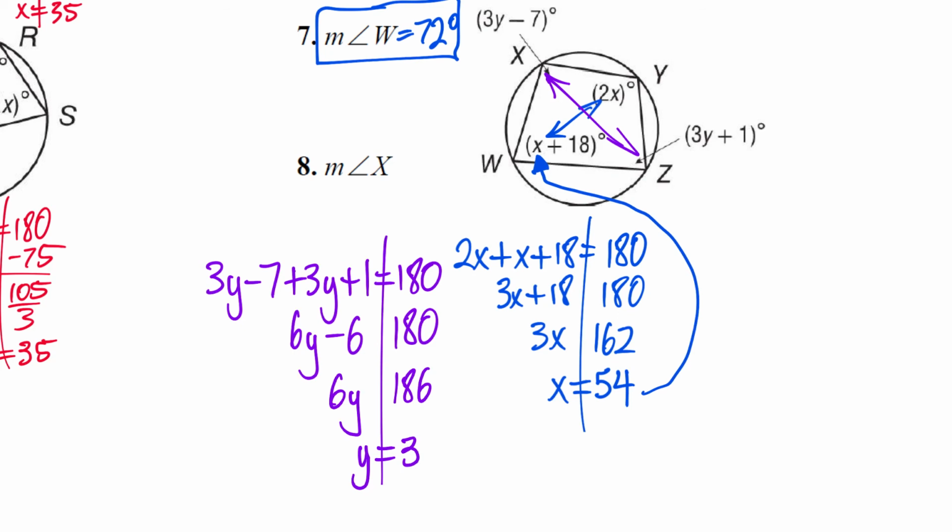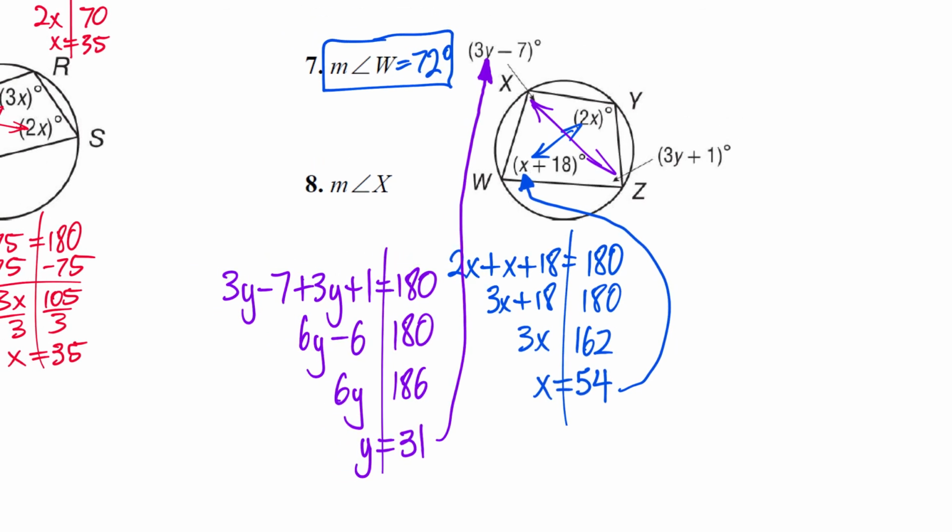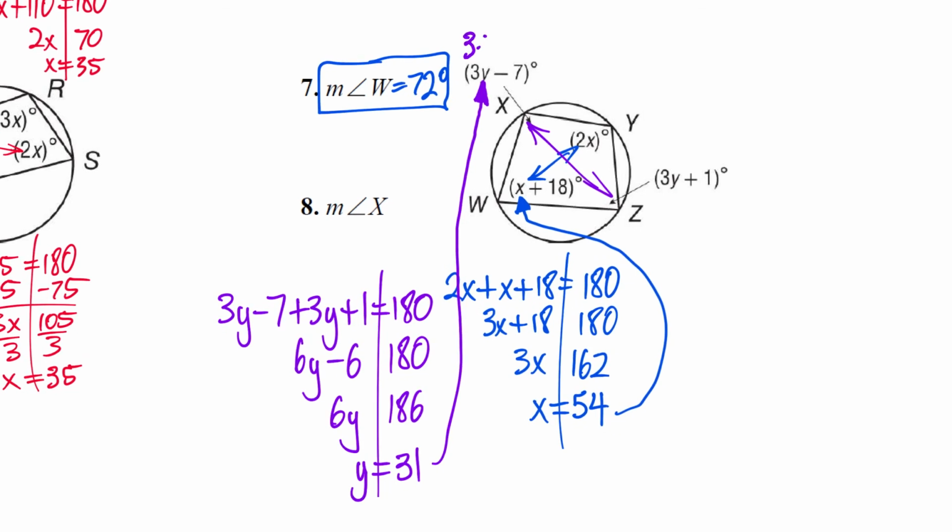Oh, yeah, sorry, 31. All right, so now I'm going to take that 31 and plug it in up here for angle X. So 3 times 31 minus 7 is what? 86.